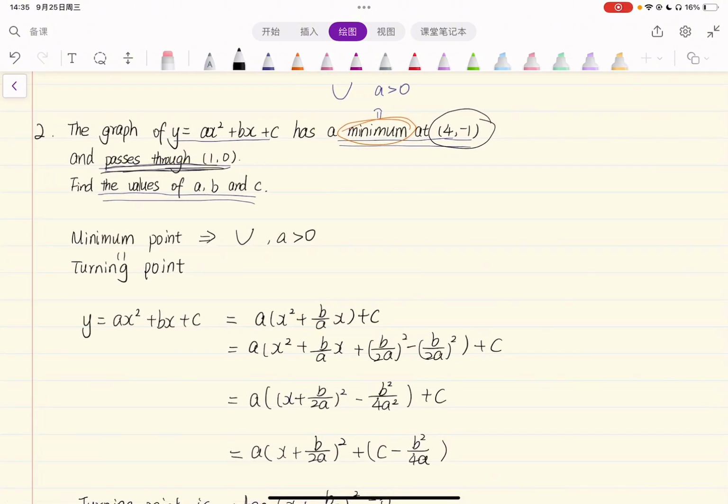Now let me scroll down to let you see the whole process.